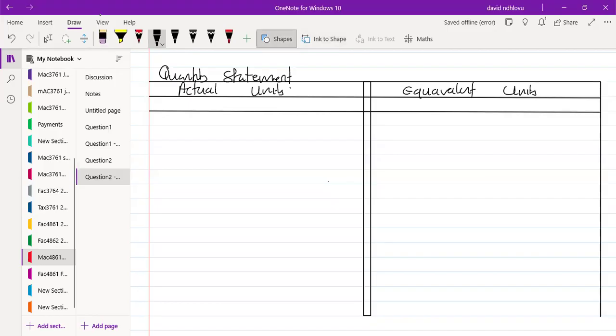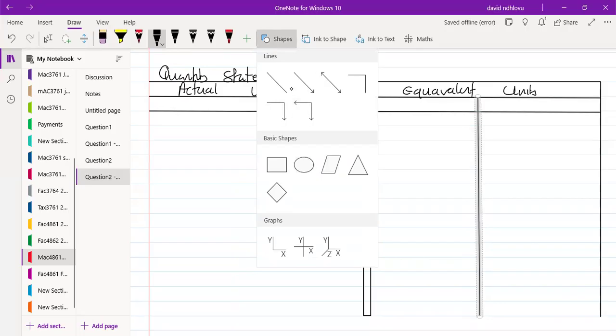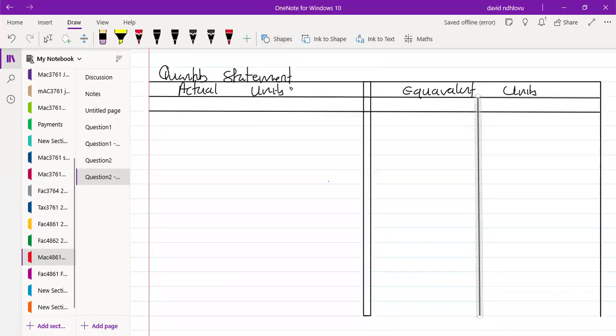Then you divide this into two again, like this. This one you divide into three columns.